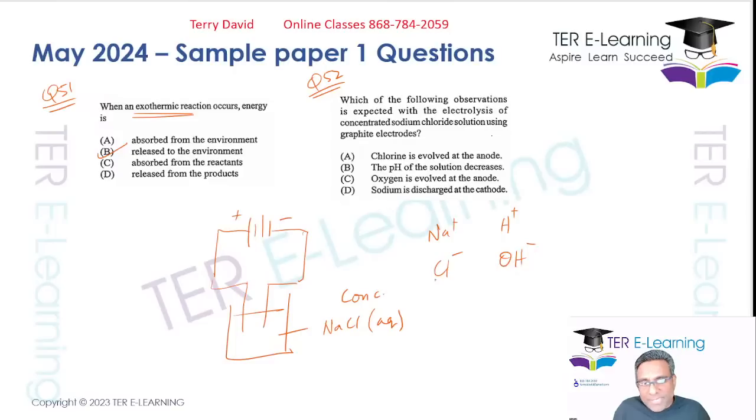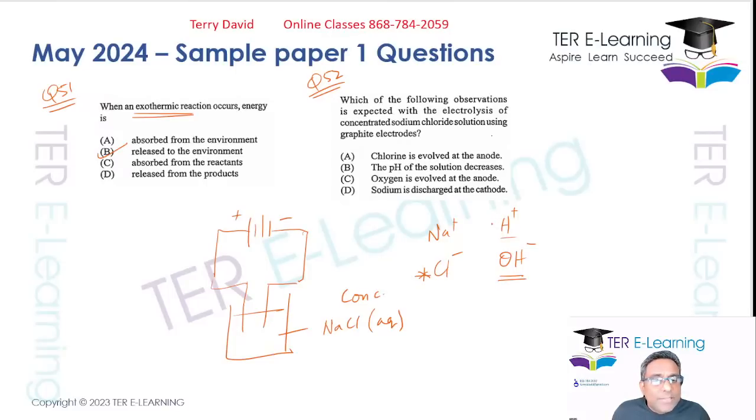Based on what we know about concentrated sodium chloride, Cl minus is going to come out and not the OH minus, and H plus is also going to come out. So those are your two ions that are going to be discharged.